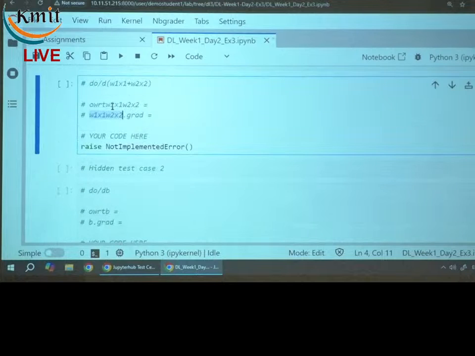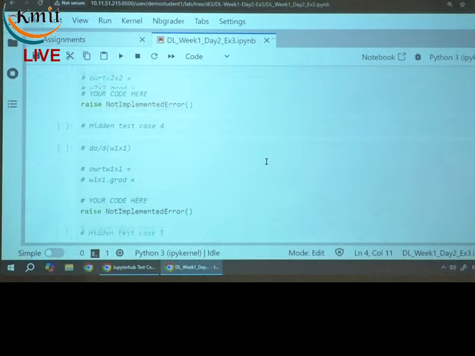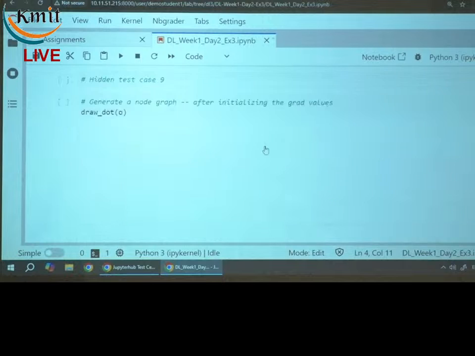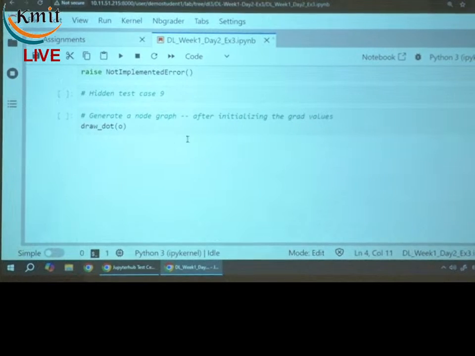So make sure you're using the same variables. Don't change the variable names because the assertions will fail. And finally, there is a draw dot of O just to verify if all the gradients are set correctly or not. And if there's any doubt, you can use draw dot O in the intermediate cells also. It will help you in debugging your code quickly.